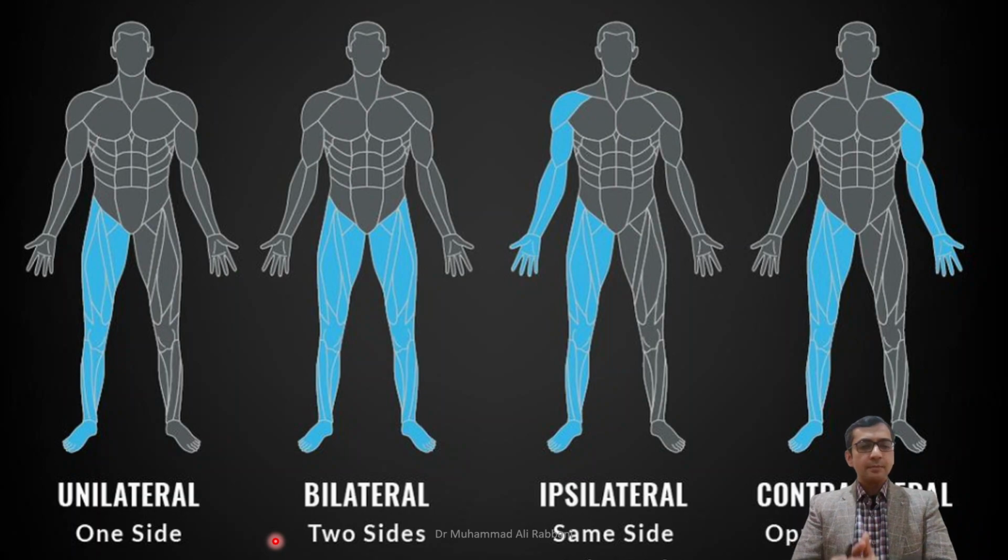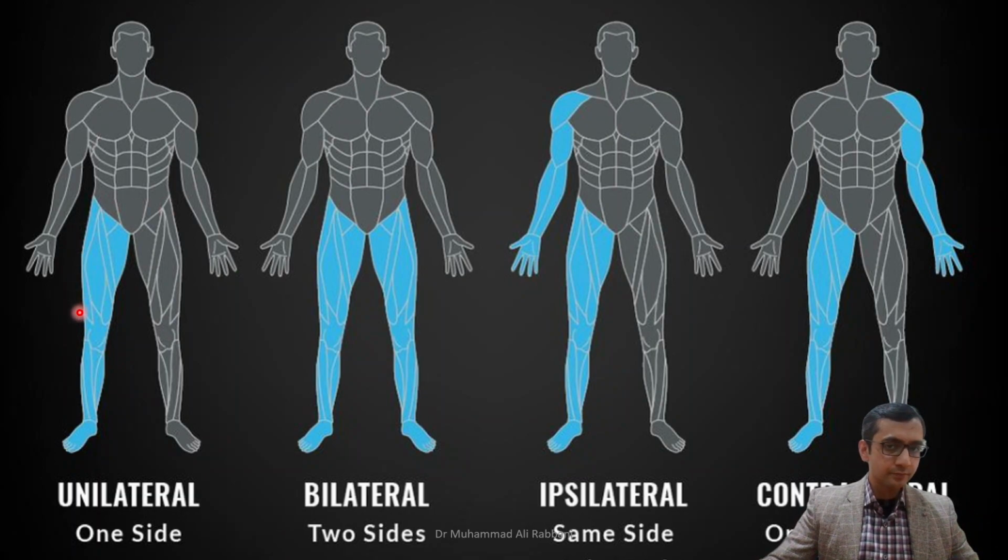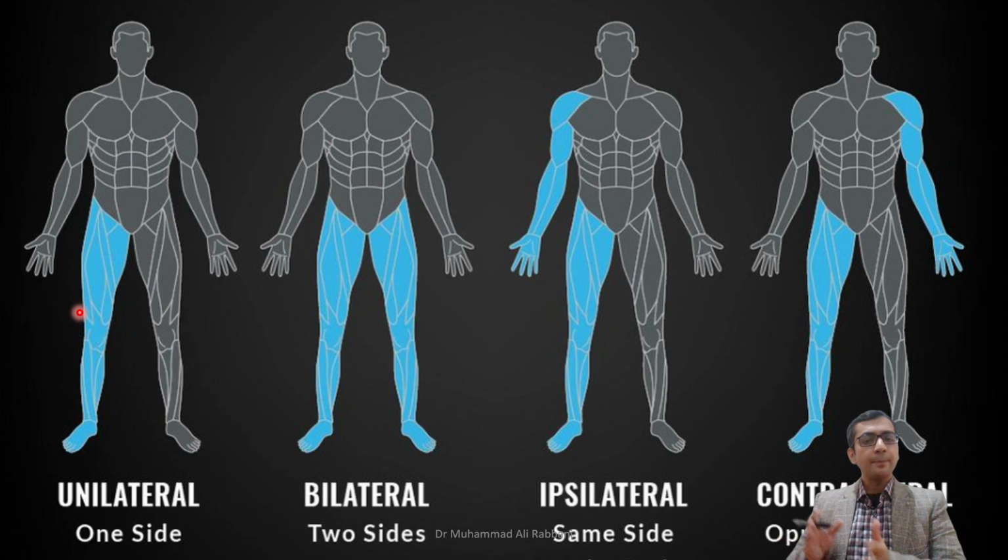If something is present only on one side of the body, any event, any place is present on one side, that is called unilateral. For example, appendix is present unilaterally on the right side. That can be used to describe an event also. I am feeling pain in the leg unilaterally. I am feeling pain only in one leg also.